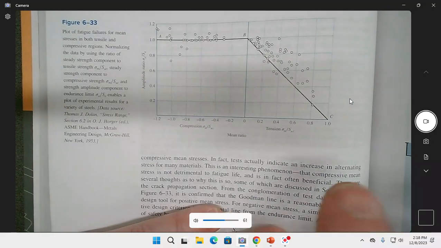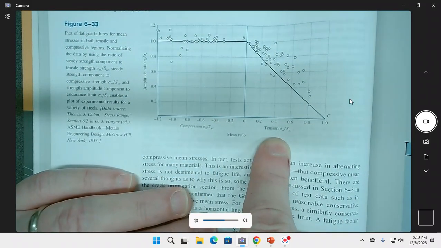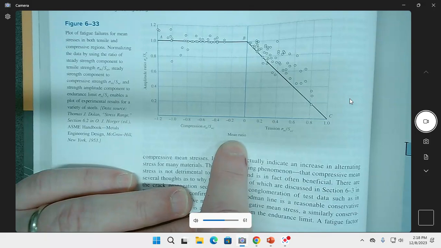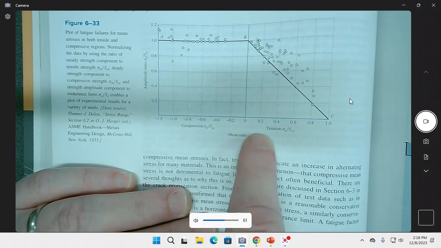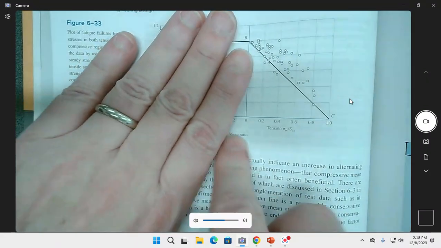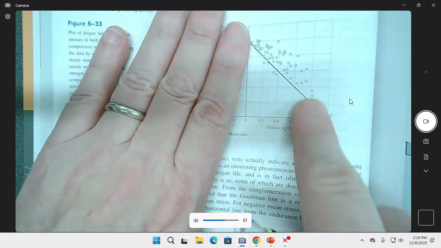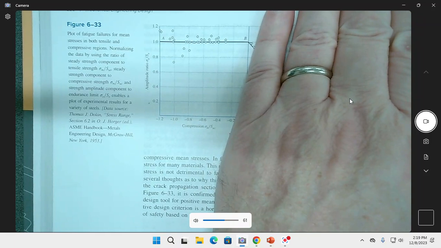All right, so on the x-axis right here, we have the mean, the mid-range stress. Over here on the right-hand side, if it's tension, it matters. Over here on the left-hand side, it doesn't matter.